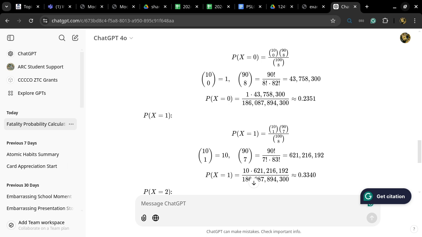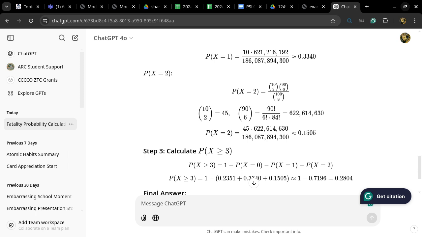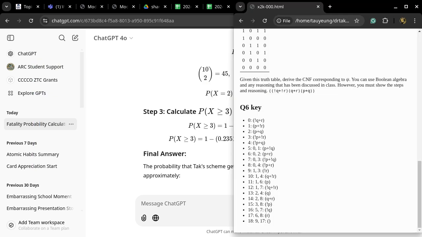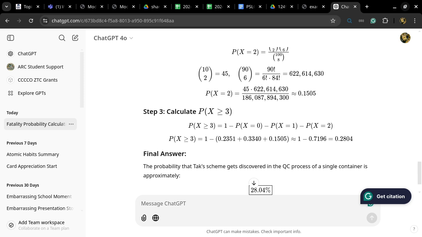Okay, so let's check ChatGPT's math. When it's 1, then we are choosing 1 out of the 10, and then the rest 7 is out of the 90. So that's 33.4%, 15%. Did I do the omega incorrectly? It is combin 108. What about ChatGPT's answer?